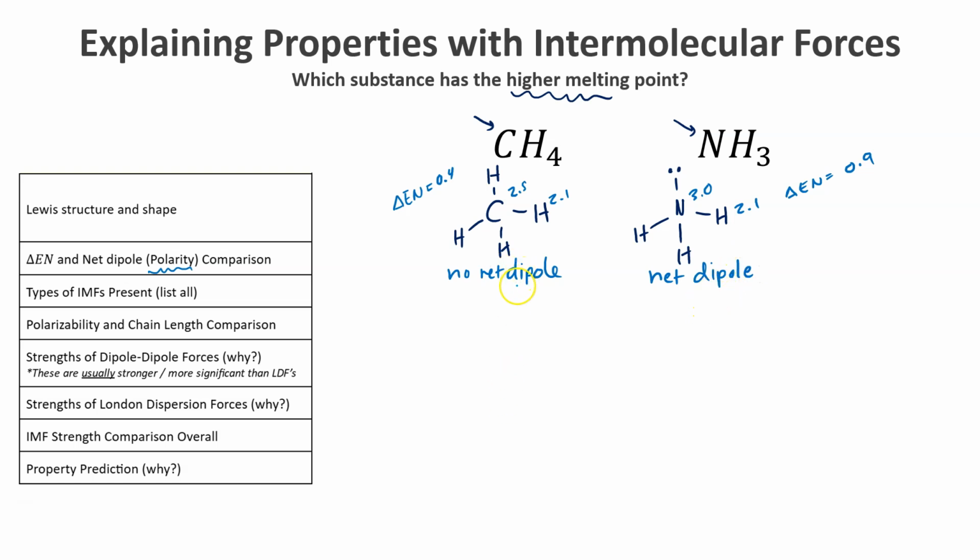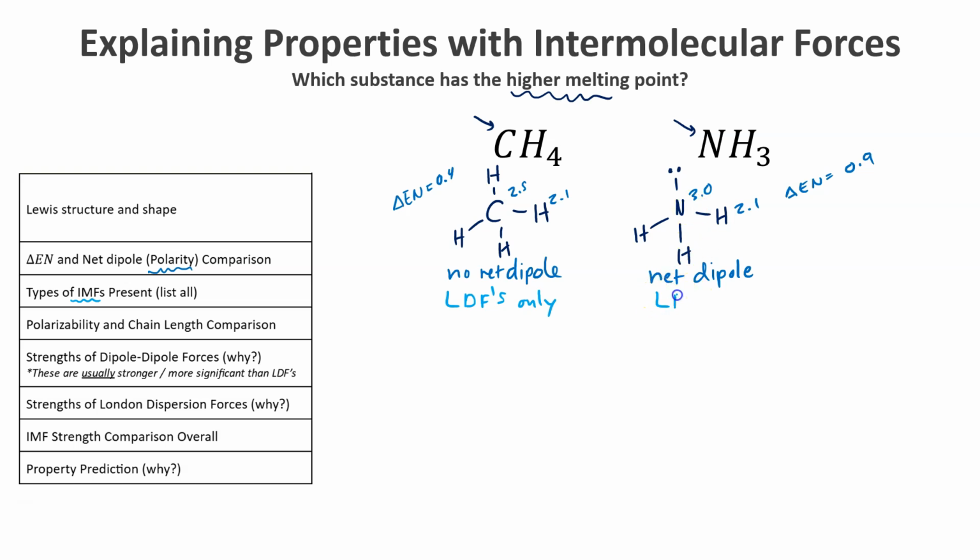And all of that work with polarity is so that we can actually properly list out the types of intermolecular forces that are going to exist between different CH4 molecules and between multiple NH3 molecules. Because CH4 does not have a net dipole, it's a nonpolar molecule, it is only going to have London dispersion forces. It's the only force that nonpolar molecules are capable of experiencing.